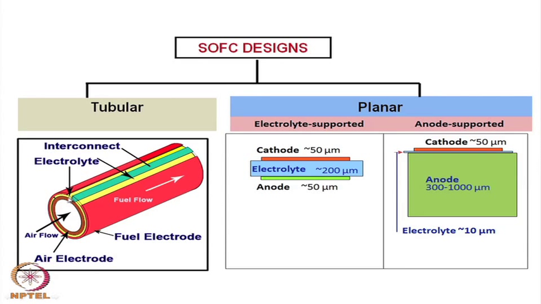So, there is a strip which you can see actually goes up to the cathode. There is a discontinuity of the electrolyte here and it goes directly up to the cathode and it is exposed to the surface. So, this interconnect you will see how exactly it works. It is connected here to the cathode, but the anode is separated out.